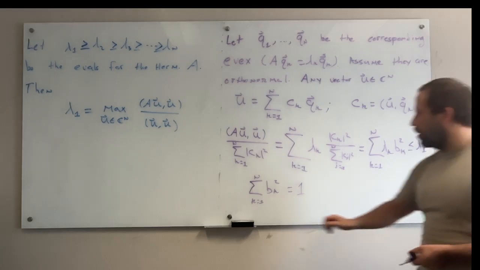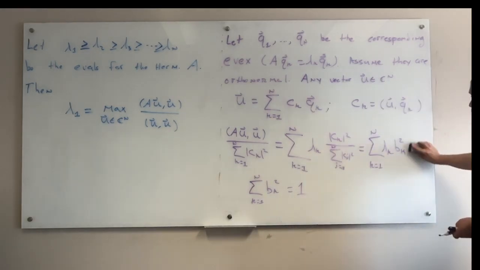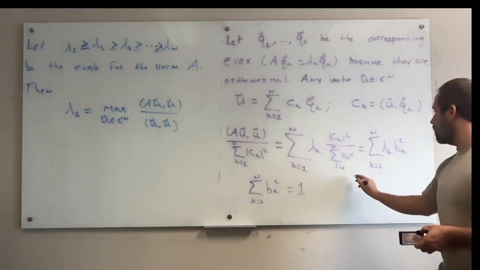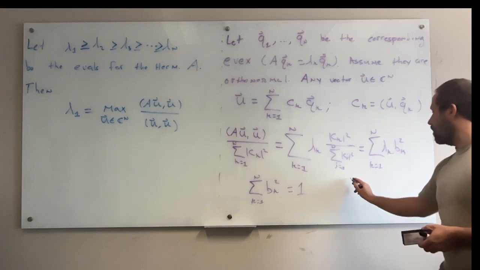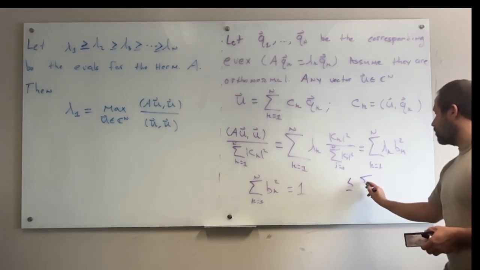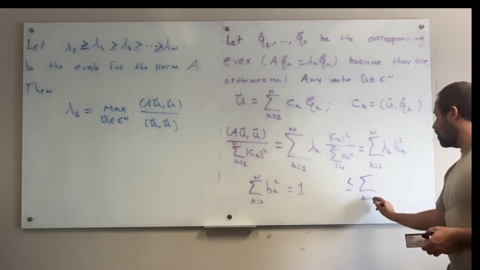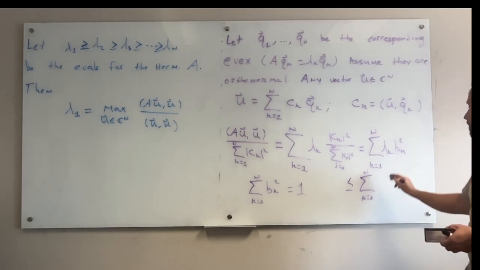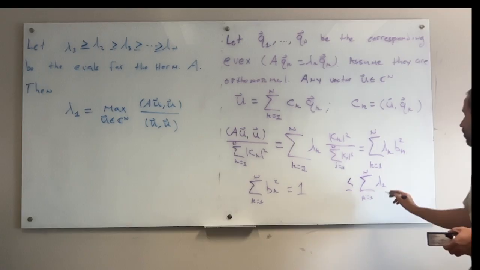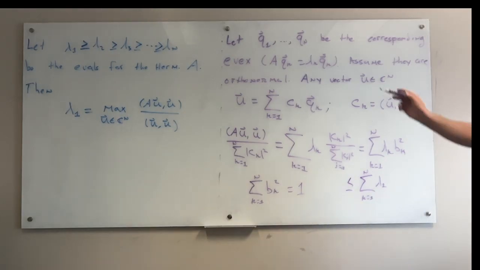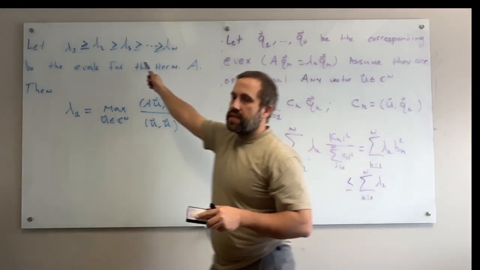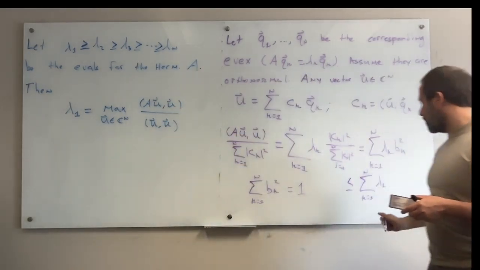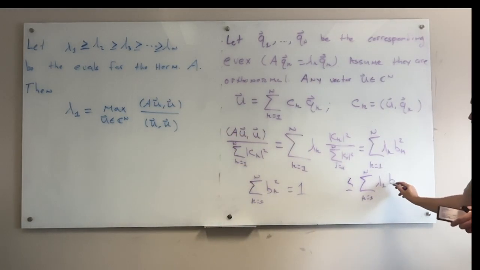Okay, if we want to be a little bit more precise about that, this sum is less than or equal to the sum k equals 1 to n. Lambda k's are all going to be less than or equal to lambda 1, because that's how we've ordered the eigenvalues. And this is times bk squared.